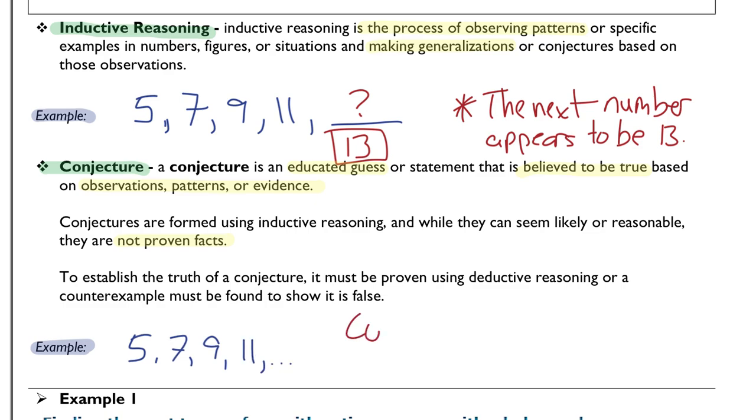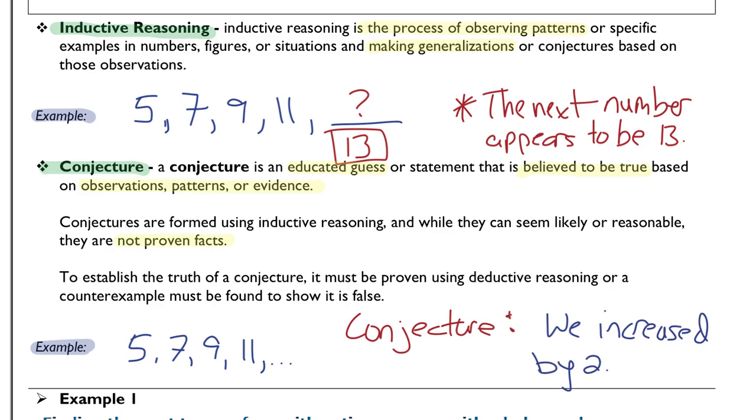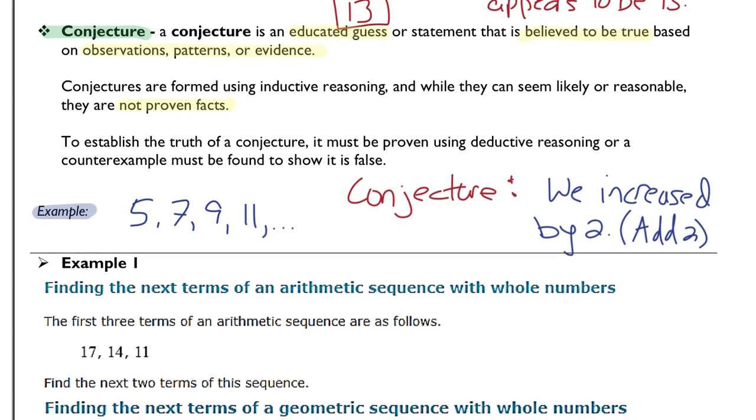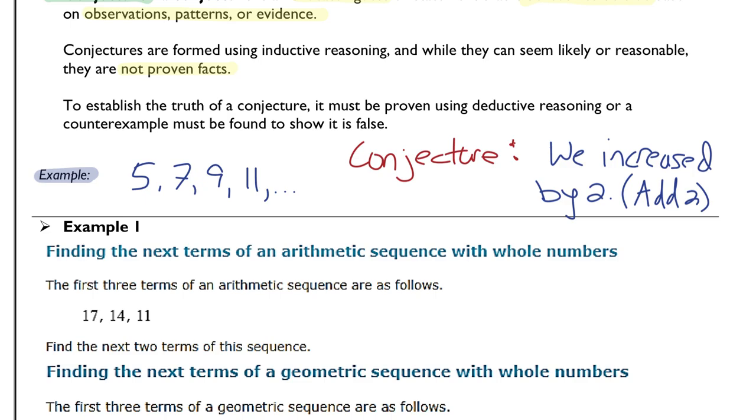Our conjecture is that we increased by 2, which means we add 2 every time. That is a conjecture, and we could probably prove it. So looking at patterns, we're making conjectures off of our inductive reasoning, what seems to be true.